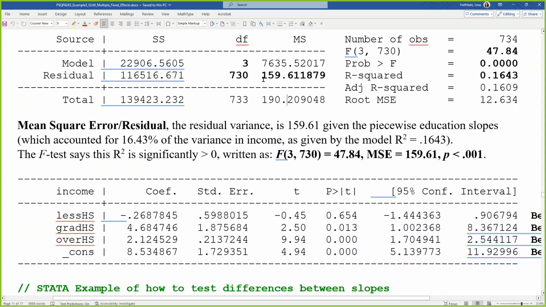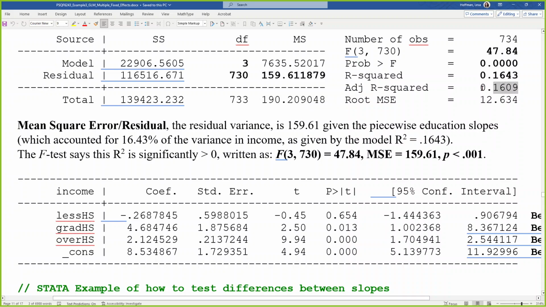This is the amount of variability in income that we don't know why. It's unexplained. The original amount was 190. So relative to 190, we have reduced it by 16%. So that's where this R square came from. It's by how much did the original amount get reduced, this is what's left.